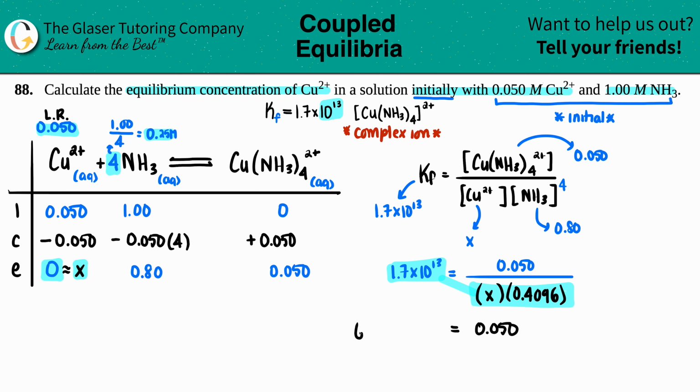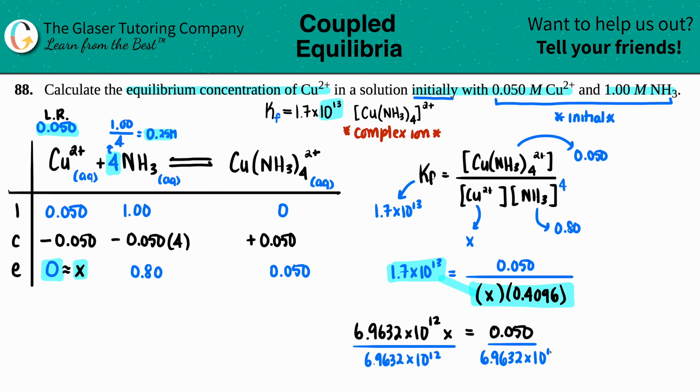So I get 6.9632 times 10 to the 12th, and that's times by x. So just move this over a little bit, times by x. We want to solve for x, so we just have to divide by that number on both sides. 6.9632 times 10 to the 12th.